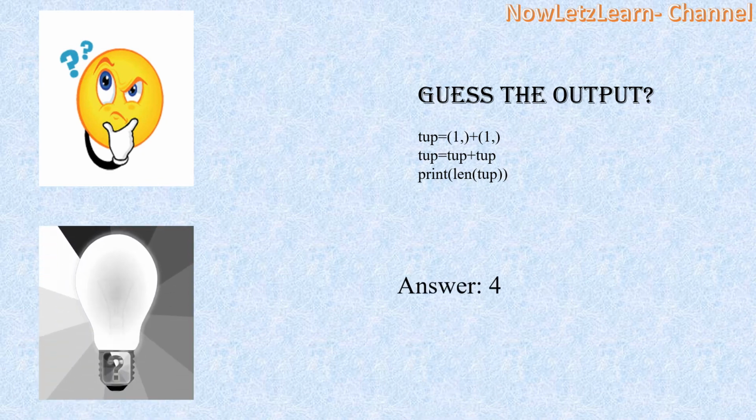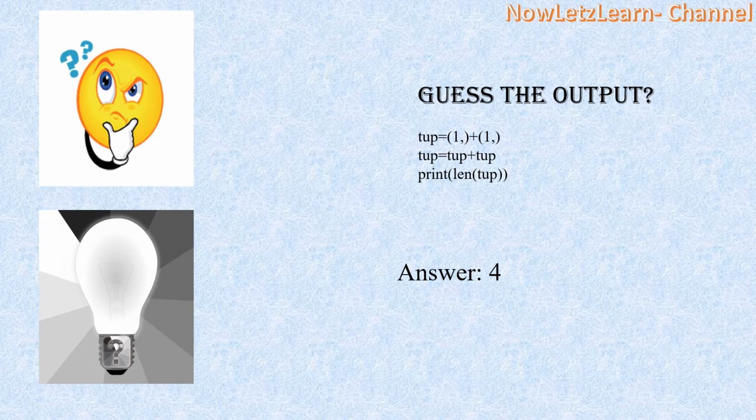Let's check this out. No, that's because tuple allows the addition operator, and when you apply a plus operator, it combines them and gives you a combined output. So in this case, the first tup is 1 1, the second tup is 1 1, and in the second line the tup value gets incremented to 1 1 1 1.